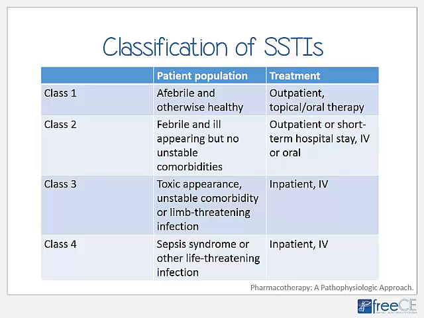And then class 4, these are patients who have more of a severe infection. They have sepsis syndrome or other life-threatening infection. They're also going to be treated inpatient with IV therapy. So the treatment decision is to determine where they're going to be admitted to and what your initial therapy should be. Certainly, once you've got the infection under control and the patient stabilized, transitioning to oral therapy would definitely be something you'd want to consider.